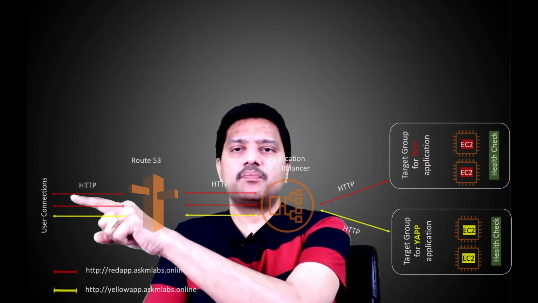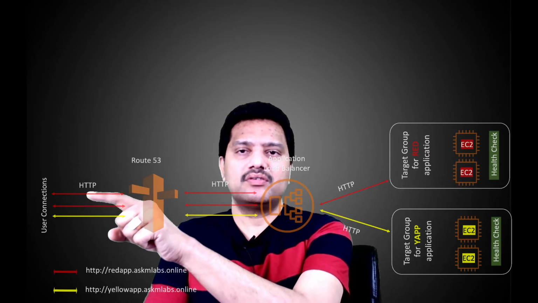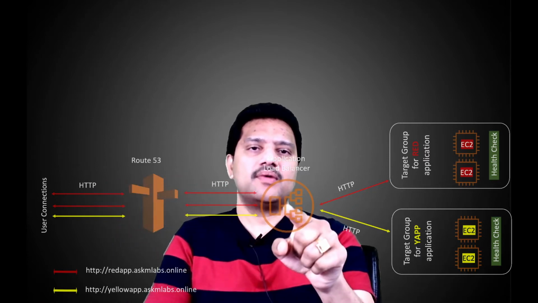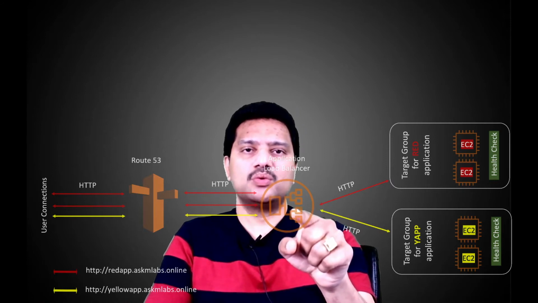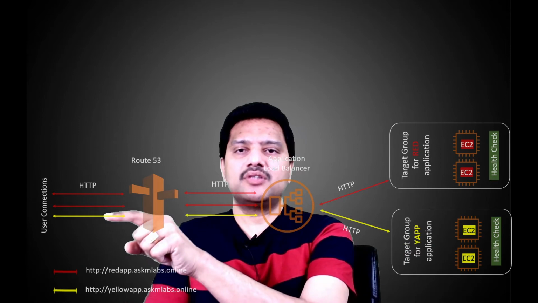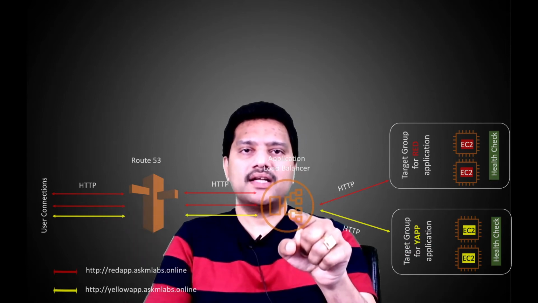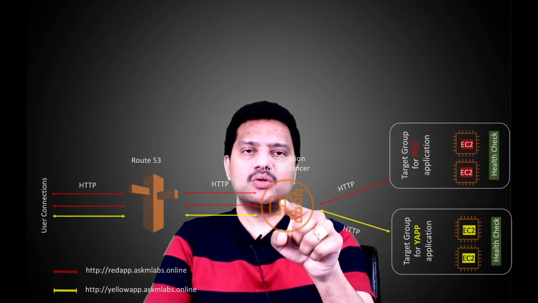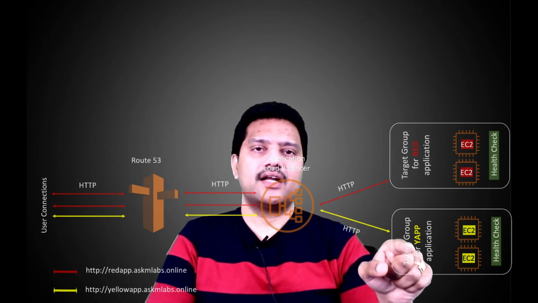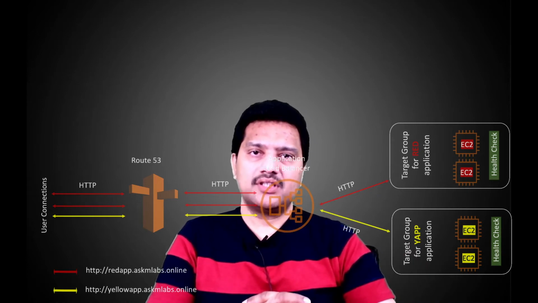If the user is trying to access the red app, the request comes to the load balancer and the load balancer routes that request to the red app. And if the request coming from the user is for the yellow app, the load balancer knows that the request is for the yellow app and it directs that request to the yellow app target group. Fine, everything is working fine.